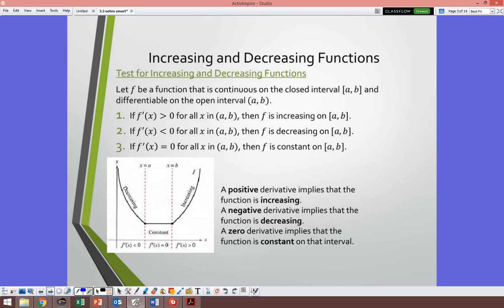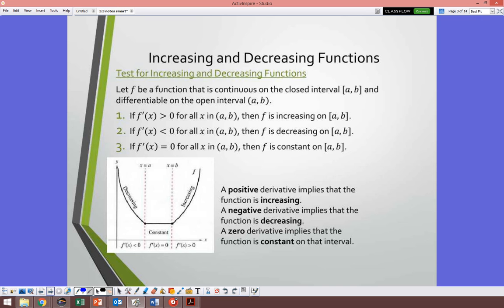So here's an example of decreasing on the left, increasing on the right. And if my derivative is equal to 0, that means it's going to be constant. So the slope is 0. So it's a constant slope. Make sense? Okay, so everything implies that I have to know the derivative or be able to take the derivative of the function.